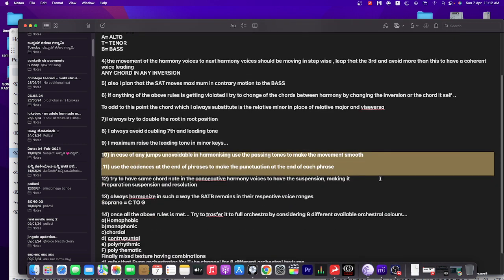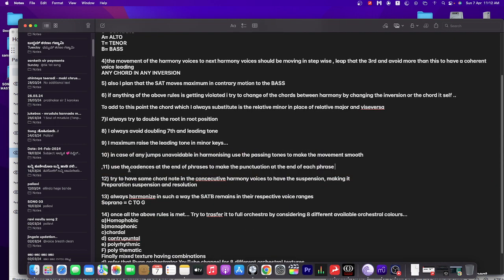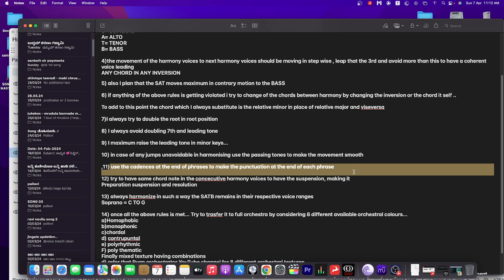Then going to the 11th point: use the cadences at the end of phrases to have good punctuation marks. You have got many cadences, the plagal cadence, 4-to-1, and 5-to-1, which is called the perfect cadence. Usually these two cadences are mainly used, and you can use imperfect and other interrupted cadences, but usually it's advisable to use the perfect cadence and plagal cadence at the end of phrases.